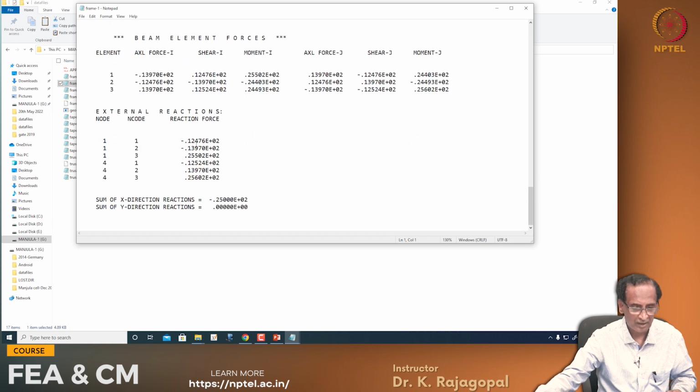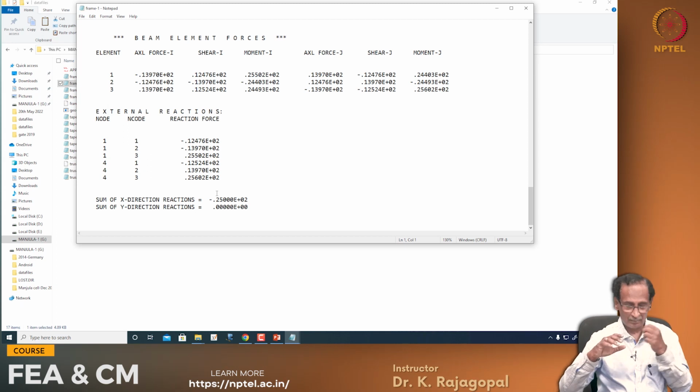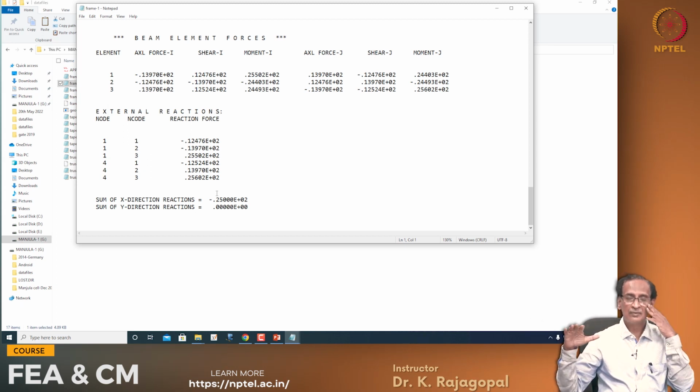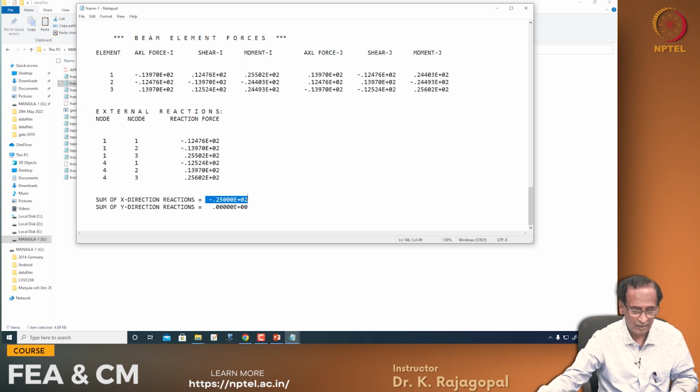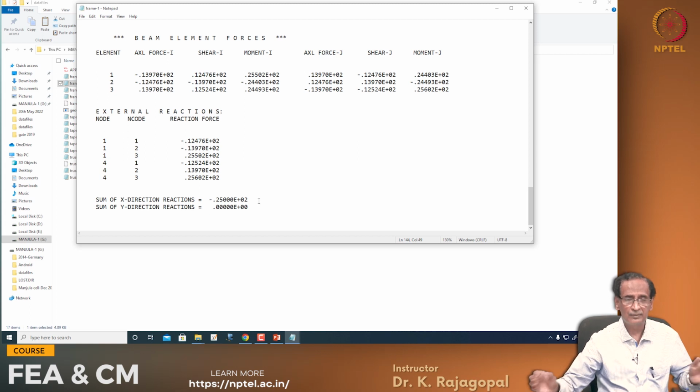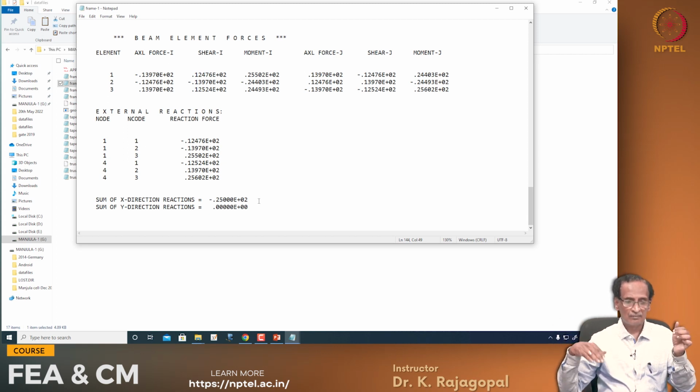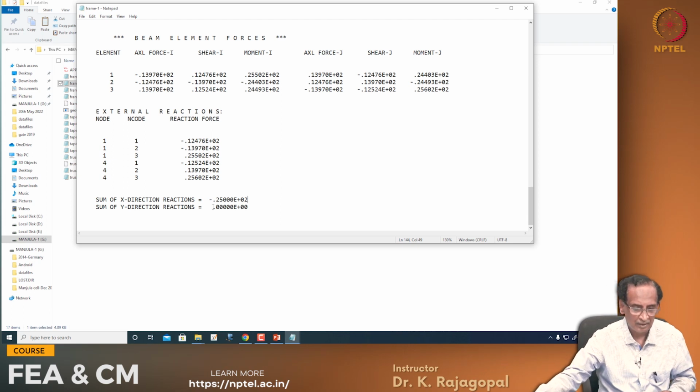because each element has node 1 and node 2, and these are the axial, shear and moment. Then these are the reaction forces, and since we applied a force of 25 in the positive x direction, the reaction force in the x direction is also coming out as minus 25 for equilibrium. Then in the vertical direction there is no force applied, so the sum total of the reaction force is 0.